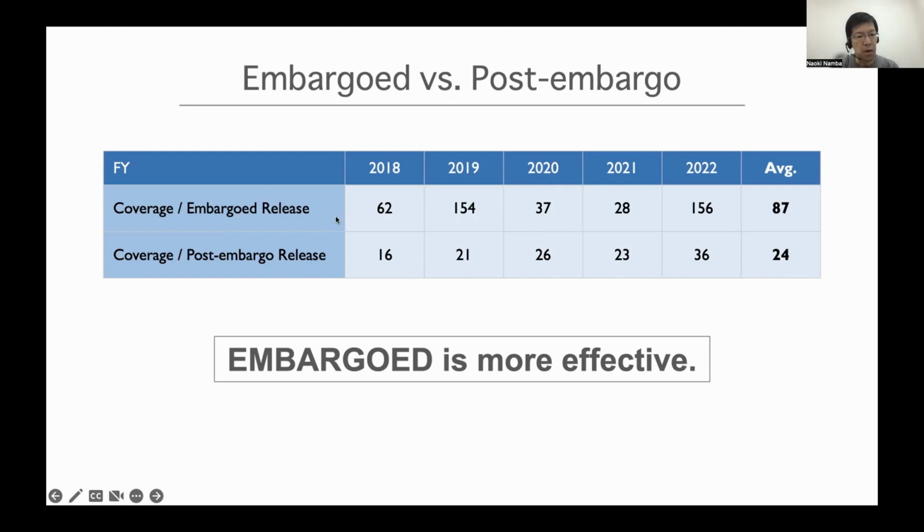Embargoed releases have been having more coverage compared to the post-embargo releases, as you can see in these average numbers. So it is true that embargoed releases are a lot more effective. So I think it is worth putting more effort into making embargoed releases.